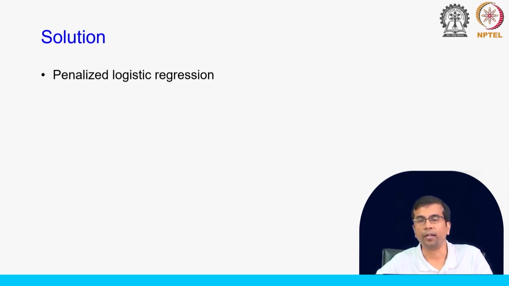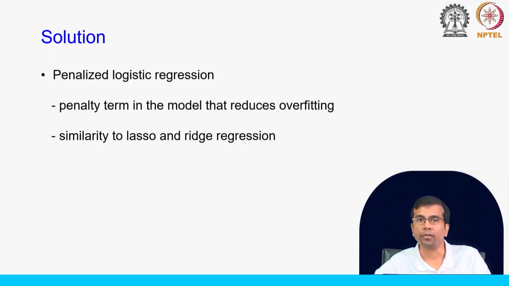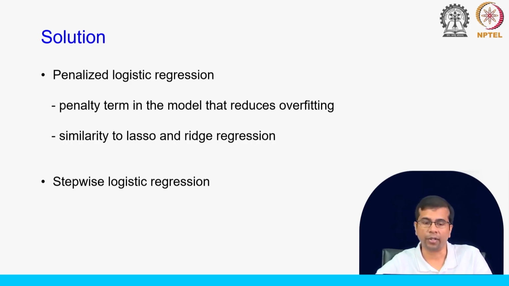This is something we have seen in the case of lasso regression or ridge regression. So, we are trying to avoid overfitting, and to remove the multi-collinearity issue. There is a penalty term in this model that reduces overfitting, and this is similar to lasso and ridge regression. The other solution we have is called stepwise logistic regression, and again we have seen this.